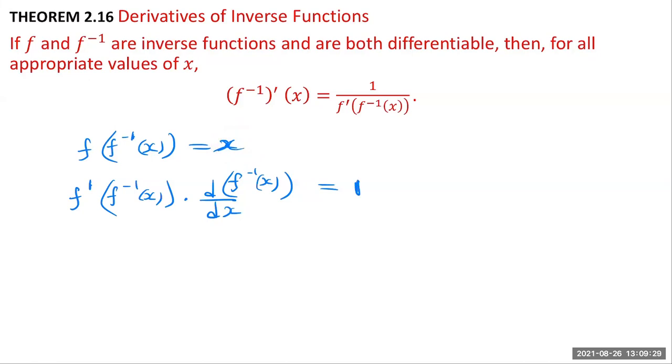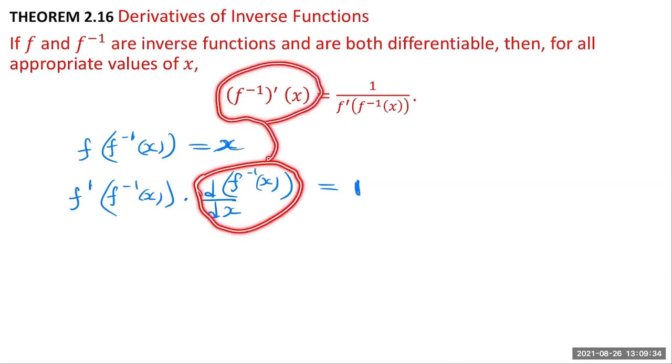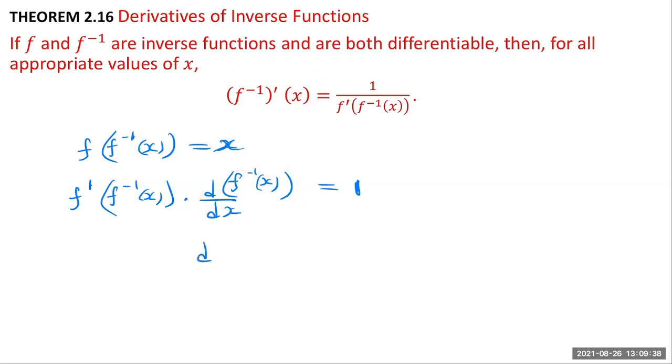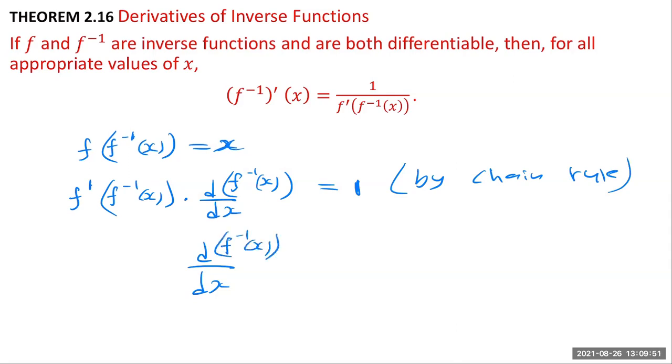Now this is what I was looking for, so I'm going to isolate that. d over dx of f inverse of x is equal to 1 over f prime of f inverse of x.